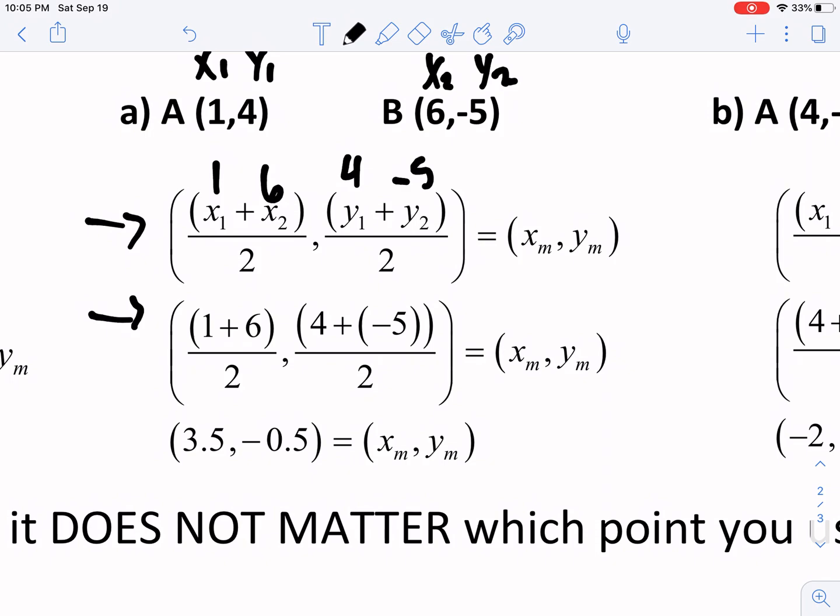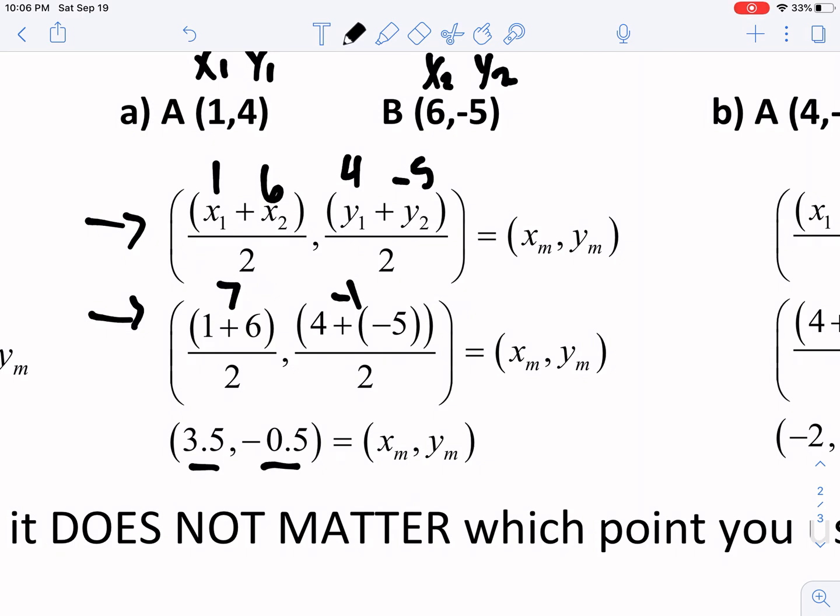Then it just becomes simplification. What's 1 plus 6? Jump into the answer there. 7, right? And then 4 plus a -5, well, different signs subtract. 5 minus 4 is 1, and then we keep the sign of the larger, which is 5, so it's -1, right? So then I have 7 over 2. Well, 7 divided by 2 is 3.5. And then a -1 divided by 2 is -0.5.